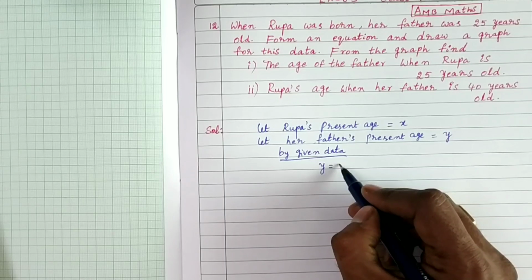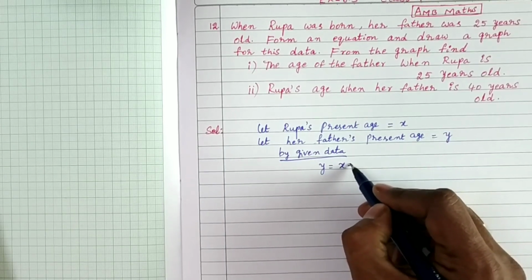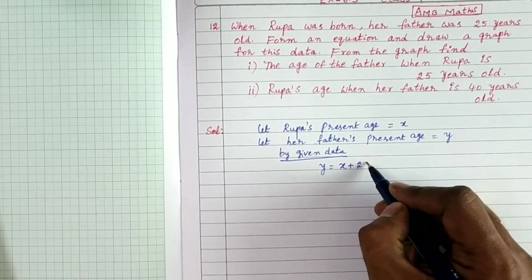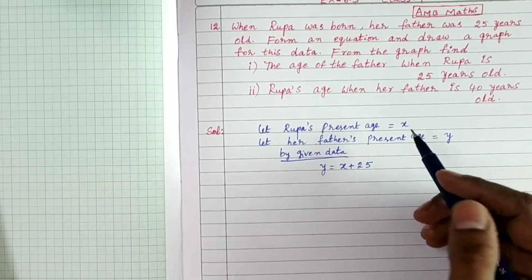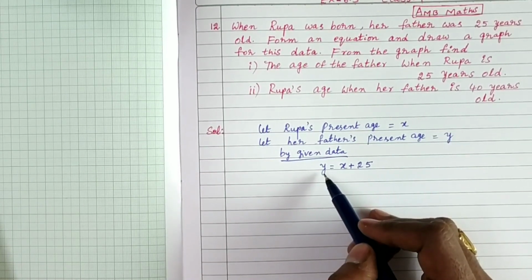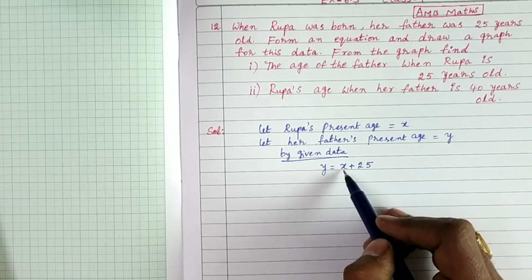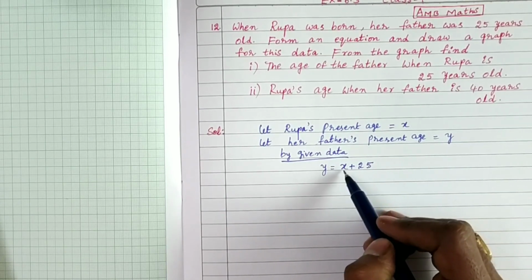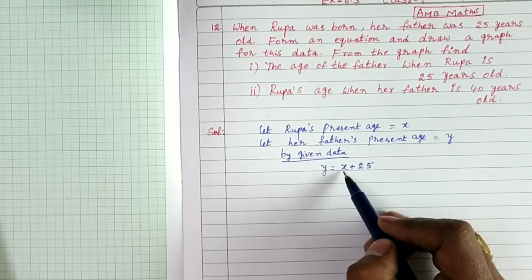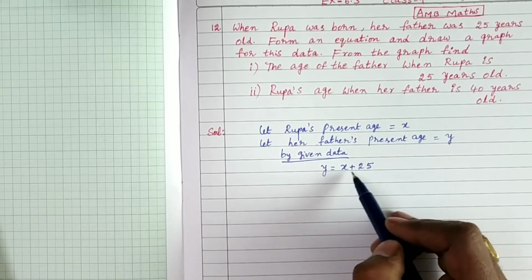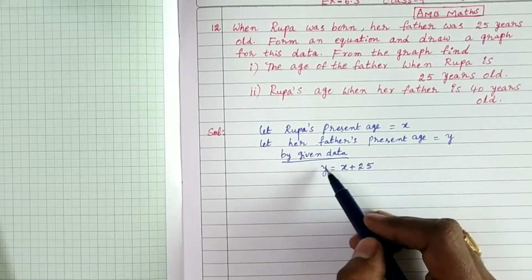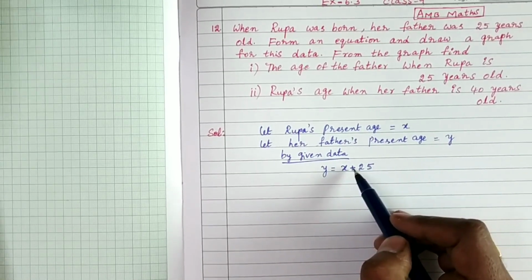So Rupa's age X plus 25. So Rupa's father's age is 25 years older than Rupa. So this is the formation of the linear equation for this given data.